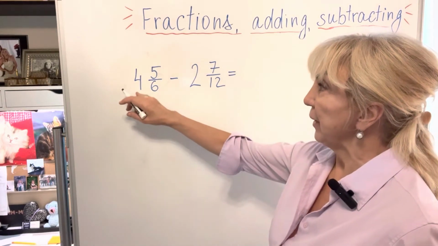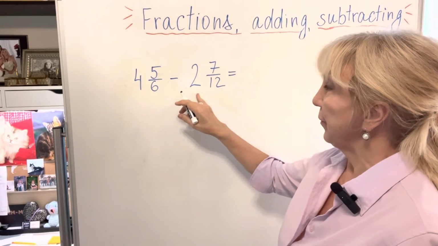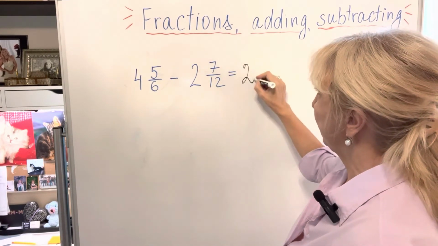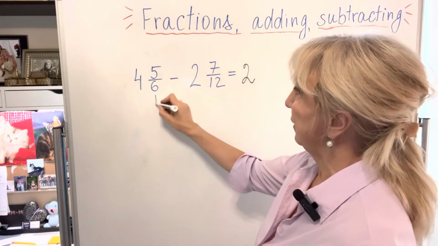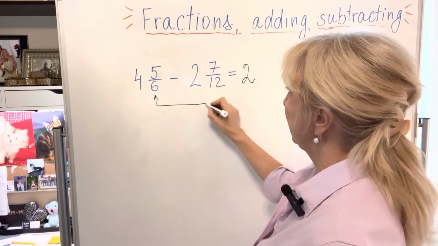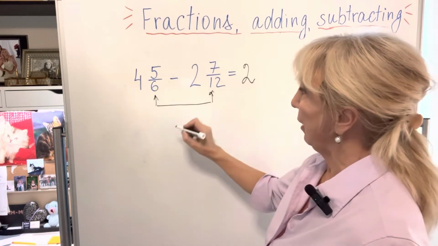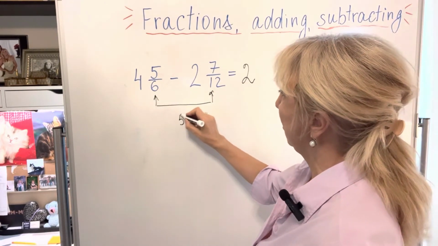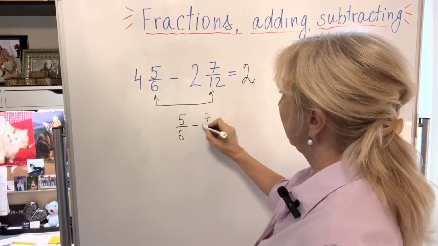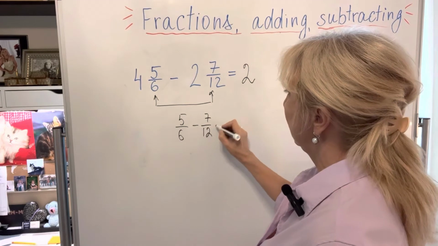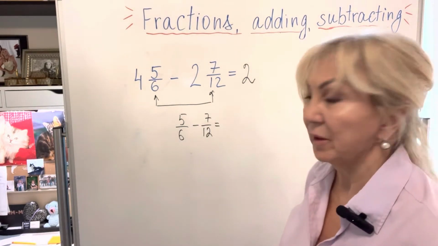So 4 subtract 2 is 2. Now we look at the fraction part. I will put it on the side and see what the result is of subtracting the two fractions.